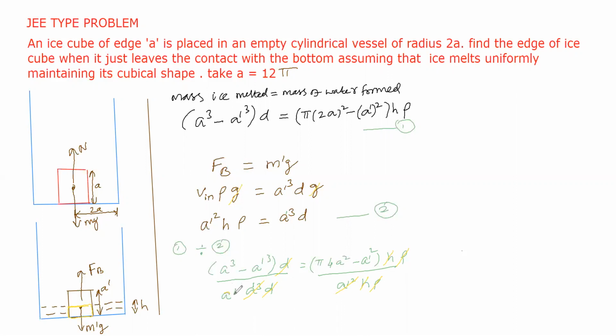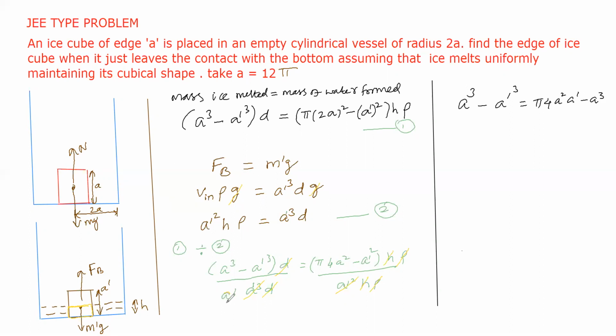Now we are going to rearrange the equation. By rearranging, we can write a cube minus a dash cube is equal to pi into 4a square into a dash, minus a cube.